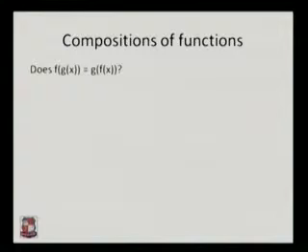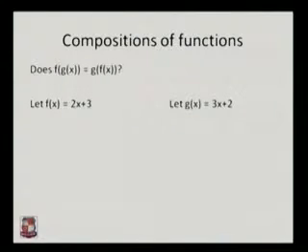Now the question is, is f over g of x equal to g over f of x or not? The answer is very clear cut here. If we take f of x equal to 2x plus 3 and g of x equal to 3x plus 2, then f over g of x is equal to f of g of x, which is 6x plus 7, as we discussed.